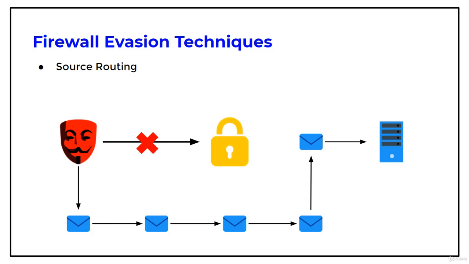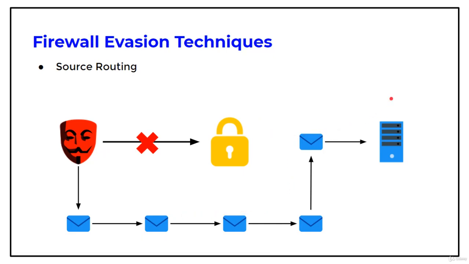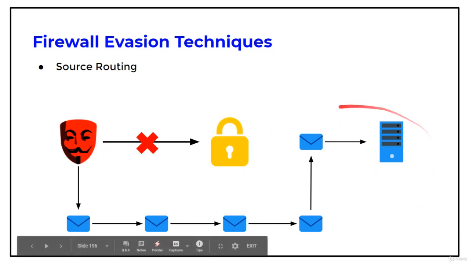In source routing, the sender makes some or all of these decisions on the router. So here you can see that the attacker wants to send the packet to the server, but this way is blocked. So the attacker will send the packet via this way and then the packet will reach the server.